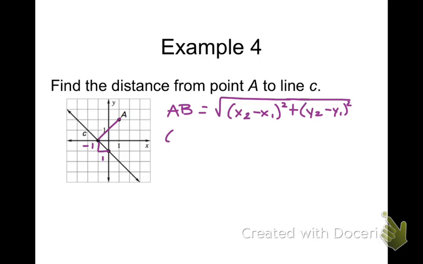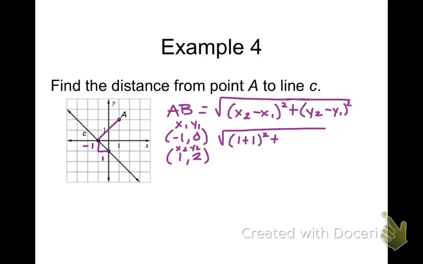What are the coordinates of this point right here? -1, -1, and the other point is 1, 2. Okay, so using those points in my distance formula, x1, y1, x2, y2, what am I going to subtract? 1 minus negative 1, which goes to a +1, and then y2, which is 2 minus 0.